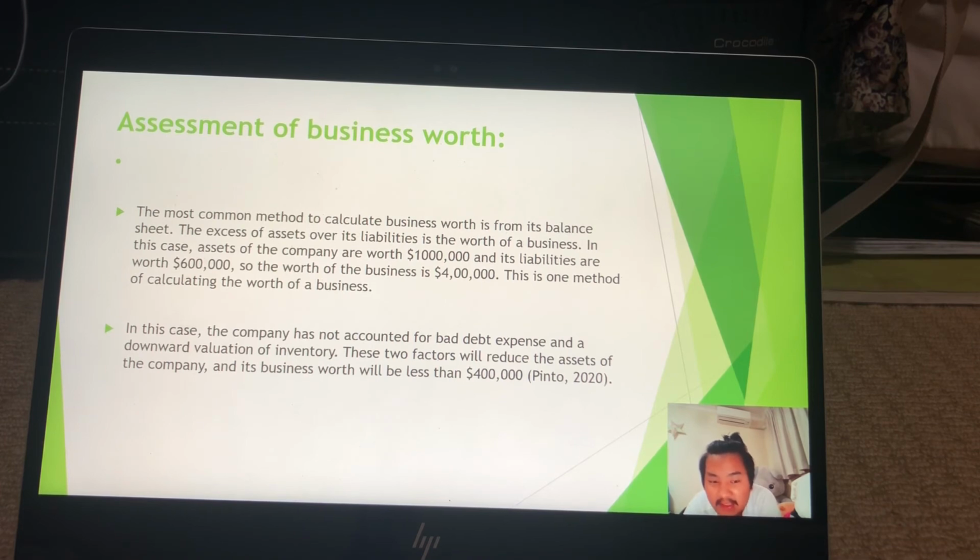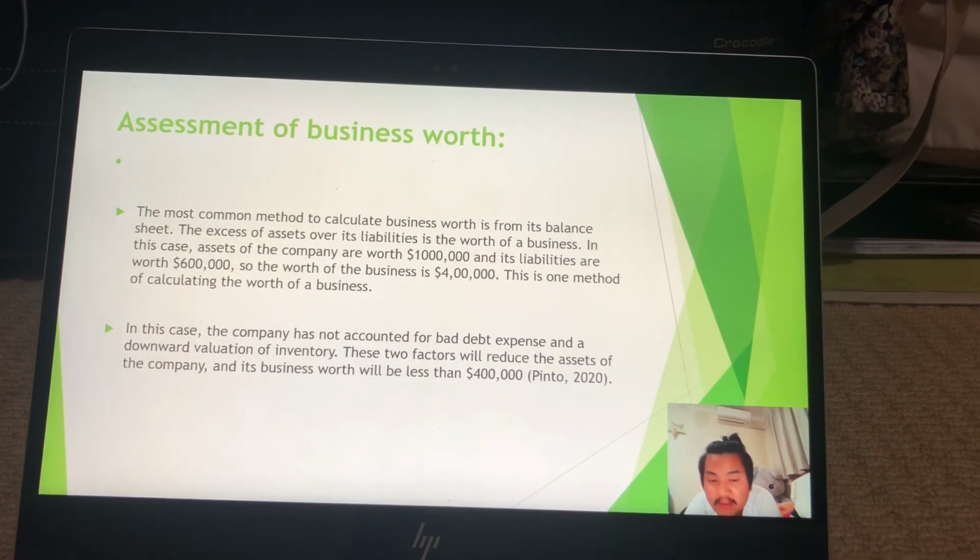In this case, assets of the company are worth $1 million and its liabilities are $600,000. So the worth of the business is $400,000. This is one method of calculating the worth of a business.